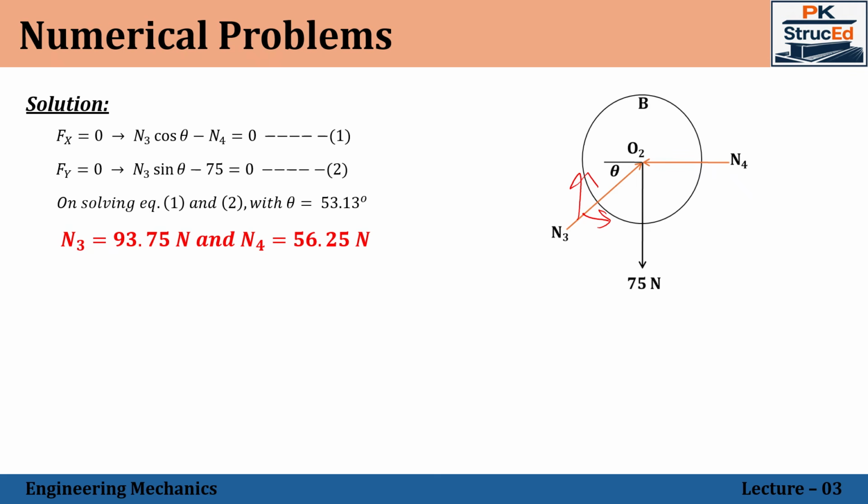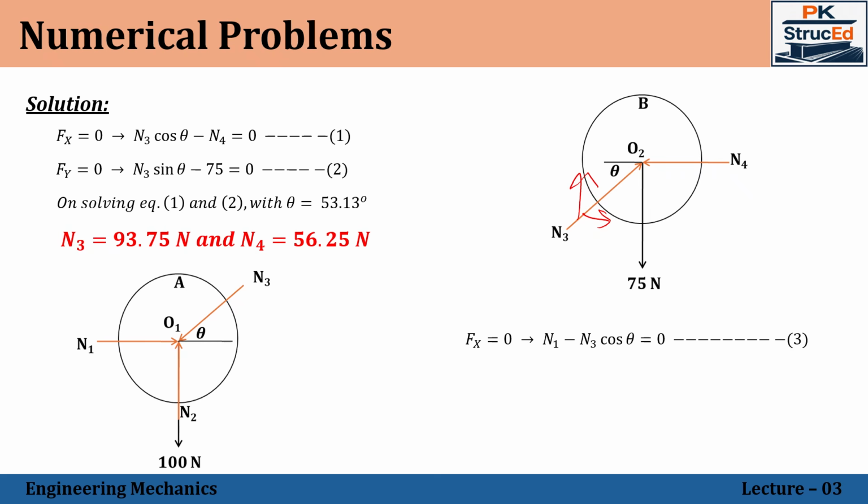Now let us move on to cylinder A. Here we have three unknowns, N1, N2, N3, in which N3 has now been calculated with the help of free body B. In that case we have only two unknowns, N1 and N2. So write the equilibrium equation, starting with Fx equal to 0. Here N1 is a pure horizontal force, acting in the positive direction, so it will be N1 itself. Whereas N3 is an inclined force acting towards the joint.